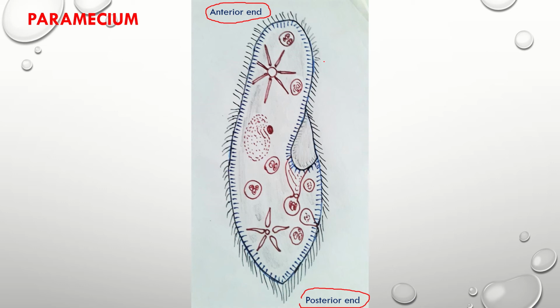When we see the structure, we can find an oral groove on the ventral surface of the body, which is a prominent and shallow depression.